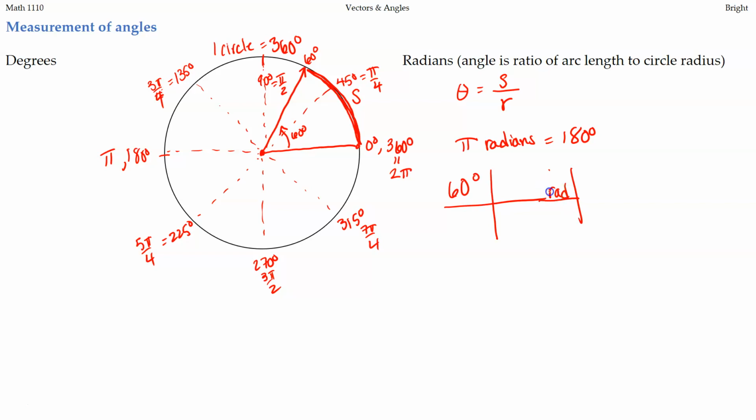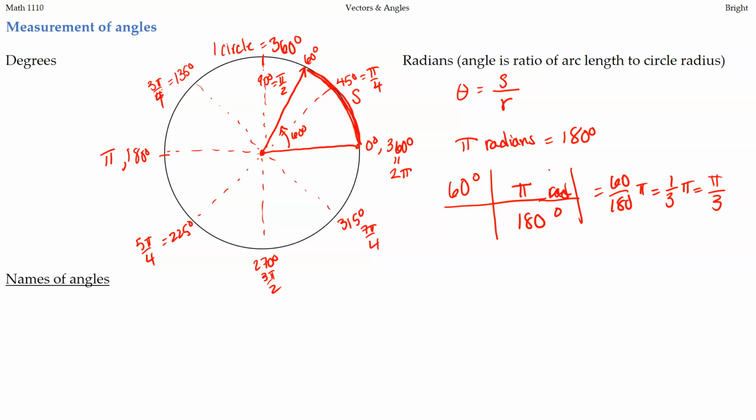But we know that there's 180 degrees in pi radians, and lo and behold, you get 60 over 180 pi, which is the same as 1/3 pi, which we commonly express as pi over 3. Okay, so now that's just some information about how you can convert angles.